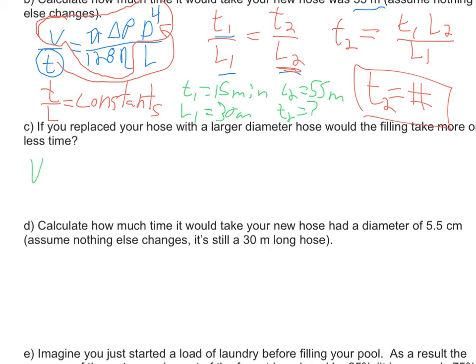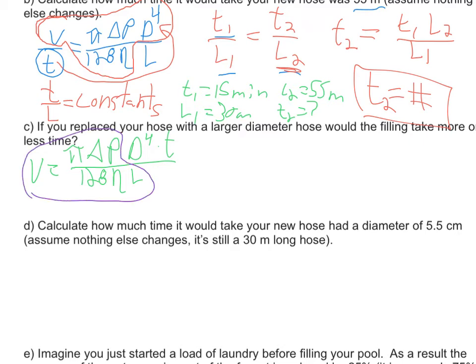So let's rewrite it. I'm going to use a new color. So volume is going to be equal to pi change in pressure, diameter to the fourth, times time, divided by 128 viscosity times the length. So again, we're saying, all right, let's let a handful of these variables, maybe all of these guys, be constant if we're only concerned with diameter and time.